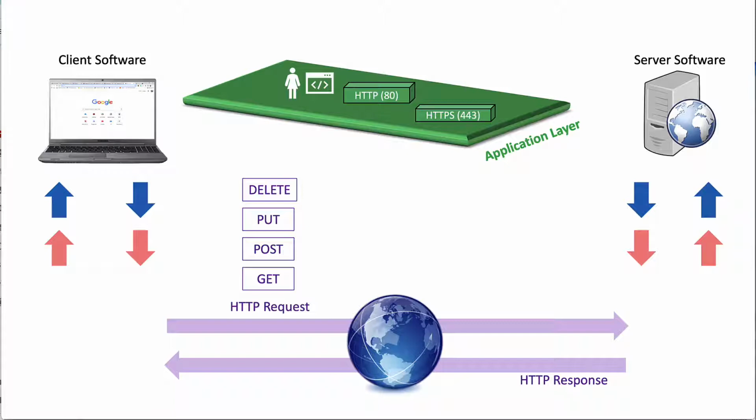Like, for example, when we submit a registration form. A web proxy like BURP SUITE would sit in the middle of this communication between the client and the server, allowing it to intercept HTTP traffic. Now that we got the basics out of the way, let's start the demo.